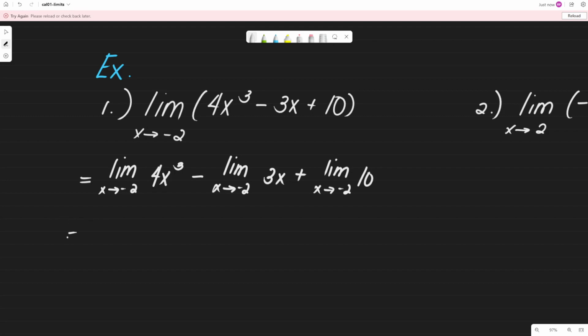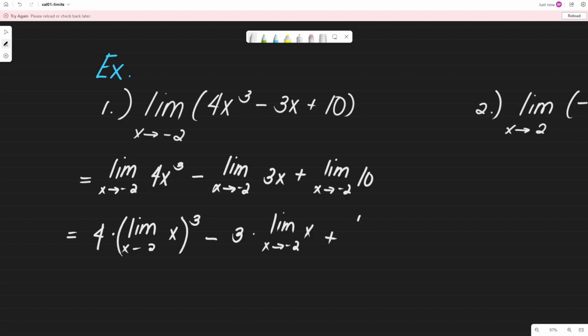Then, this can be transformed. I'll shortcut it a little. 4 times the limit of x as x approaches negative 2 quantity cubed minus 3 multiplied to the limit of x as x approaches negative 2 plus the limit of 10 as x approaches negative 2.